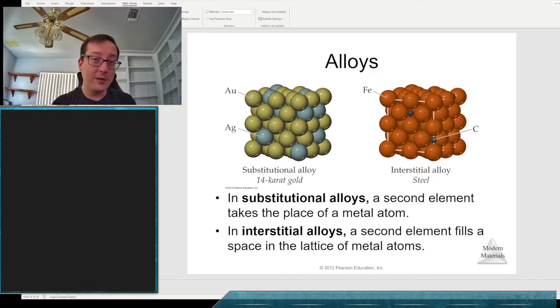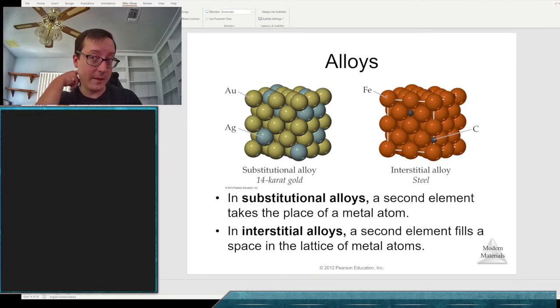Carbon's in period 2, iron's in period 4, and iron is more to the left on the periodic table, so iron is much larger than carbon is. So carbon can actually fit in between iron atoms. So you still have your iron unit cell, and you just have little carbons inserting themselves in between various iron spaces. And these are called interstitial alloys.